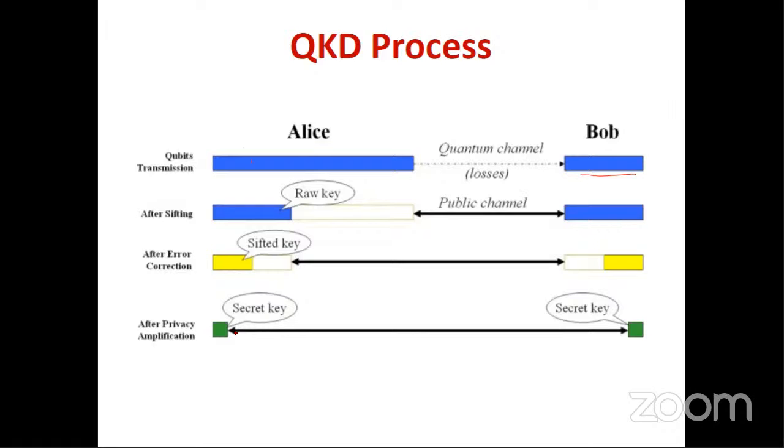But as we can see, millions of photons can be sent per second, so we can construct a large key with this QKD, and a fast key we can derive. And once we have this secret key, it can be input for one-time pad or AES 256. How much is the key size for AES 256? 256 bits only. So using those 256 bits, we can encrypt the messages between A and B.